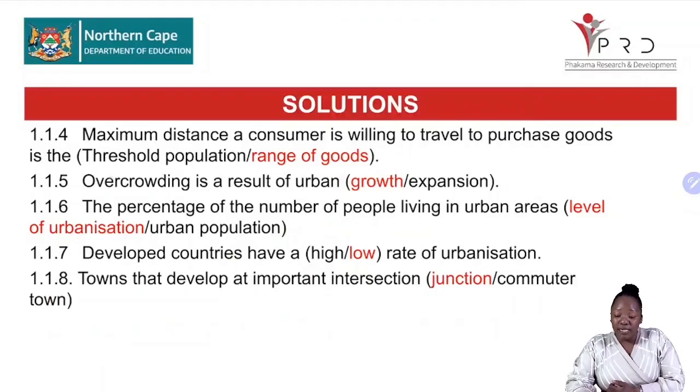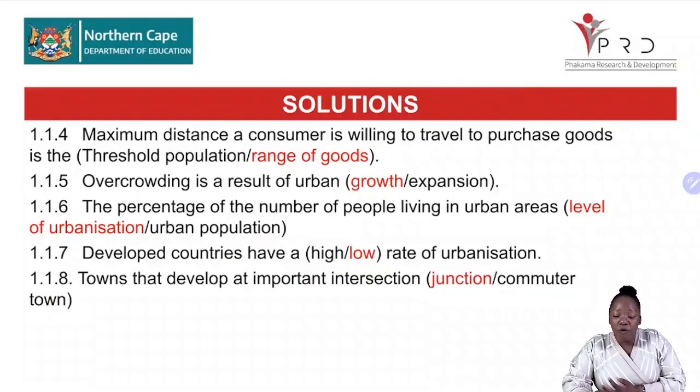Then looking at your threshold population, you will remember that threshold population is the maximum number of customers that are needed in order for the business to occupy. So those numbers, it's the threshold population. So now, because the statement was talking about traveling, that makes the range of goods correct.